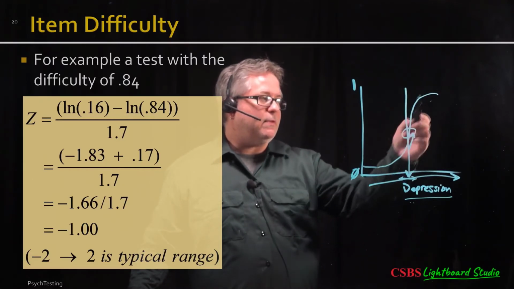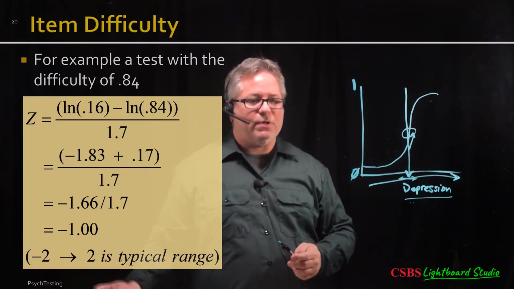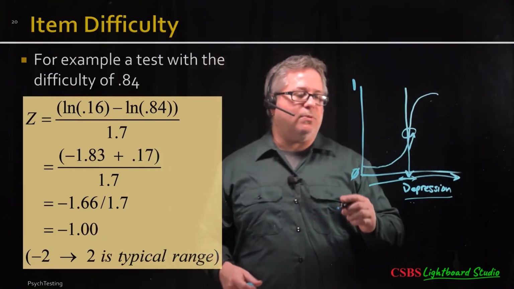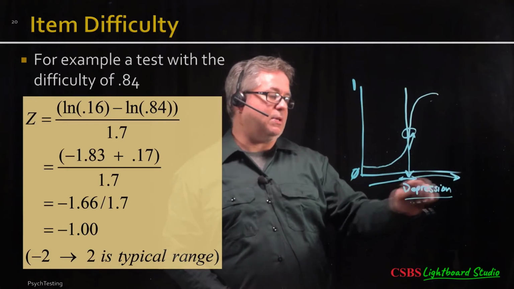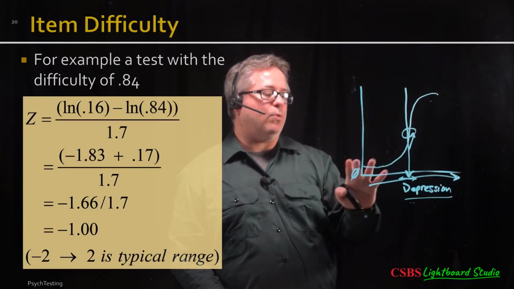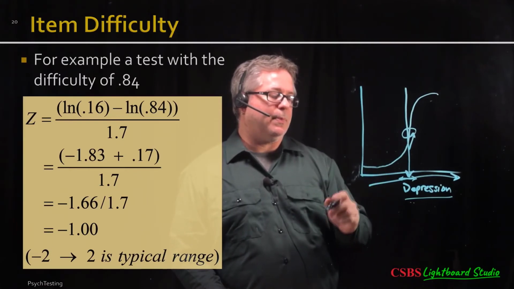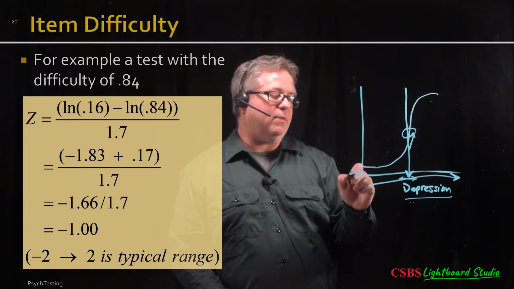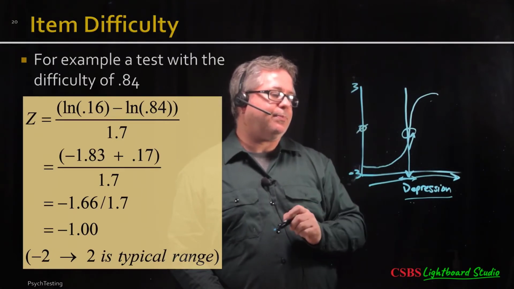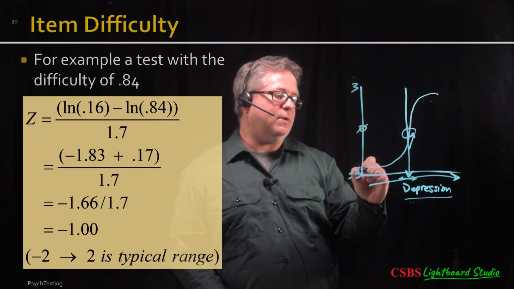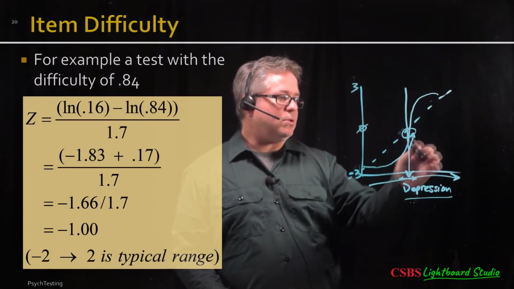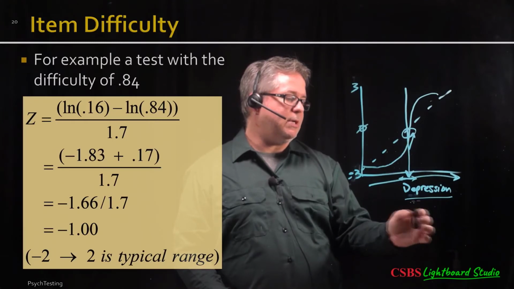The problem with this is that it's a non-constant change. Conversion over to z-scores will change this so that it's still depression on the bottom. This now becomes something more akin to a z-score, -3 to +3, with 0 in the middle. And you can start to see what the constant changes are in z-scores around the same change of depression.